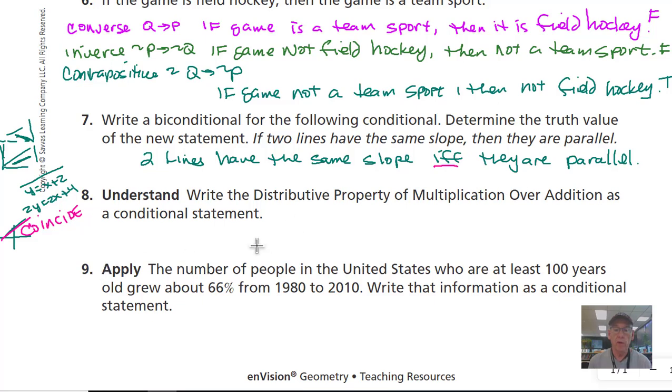Let's look at number 8. Write the distributive property of multiplication over addition as a conditional statement. Okay, so distributive of multiplication over addition, let's say 3 times (x plus 2) equals 3x plus 6. So there's the distributive property of multiplication over addition.